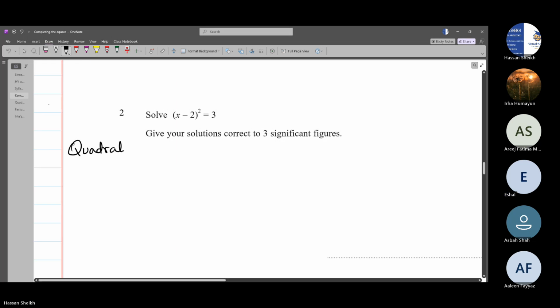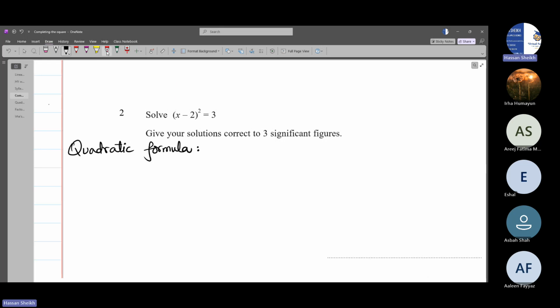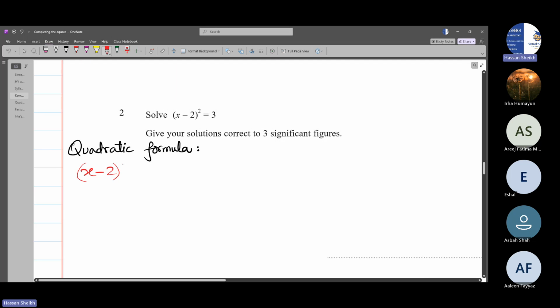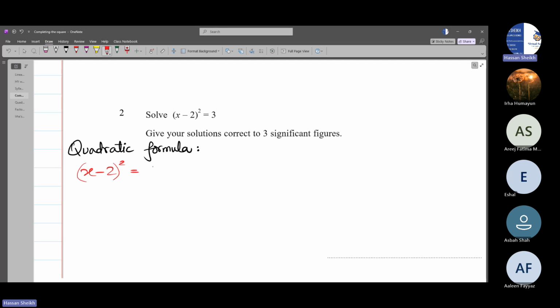Second method, quadratic formula. To solve it through the quadratic formula and provide the answer correct to three significant figures, first of all, I need to convert it into the standard form of a quadratic equation.